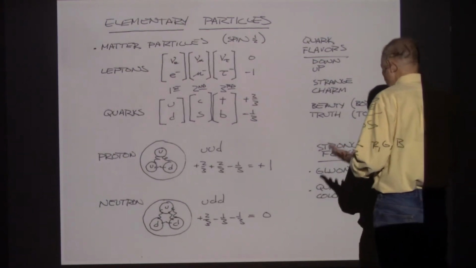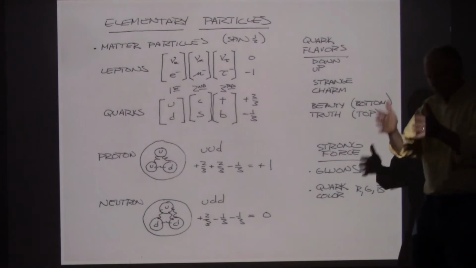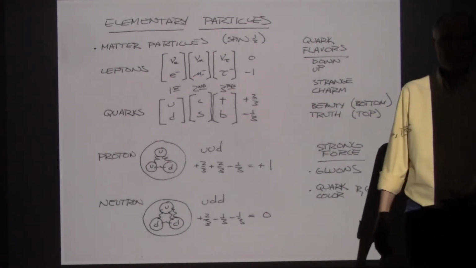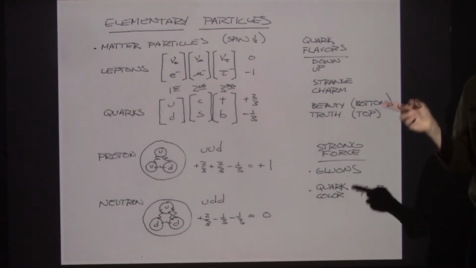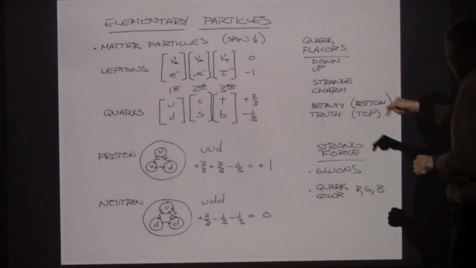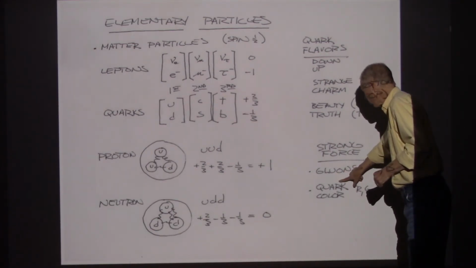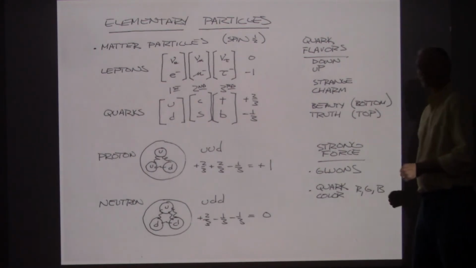What they're really referring to is that there are three possible quantum states that quarks can exist in. It's kind of like electric charge. Instead of having plus or minus charges, there are 3 different color charges that the quark can exist in. Just for fun, they were named red, green, and blue.